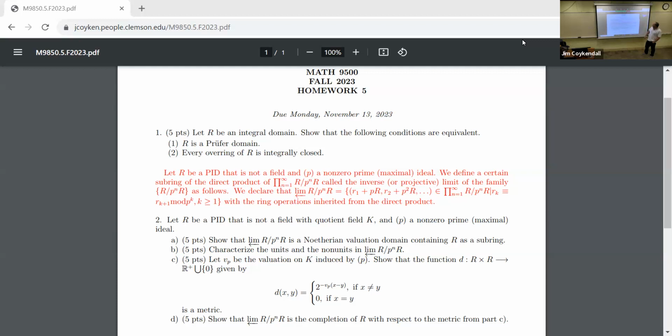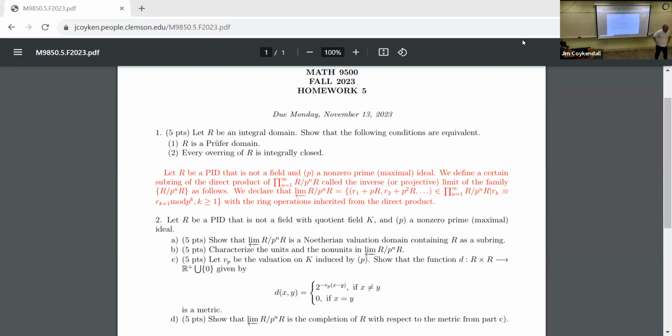With that given, let's suppose that R is a PID that's not a field, and P is a non-zero prime. Show that this inverse limit actually is a Noetherian valuation domain containing R as a subring. So even though the whole direct product is full of zero divisors, this is a Noetherian valuation domain, and it contains R as a subring.